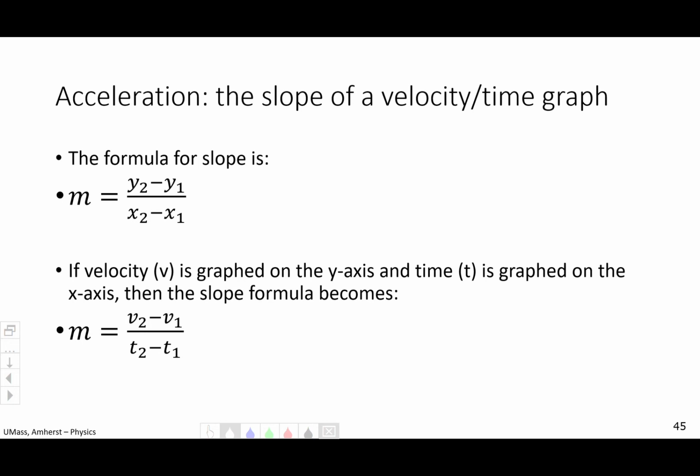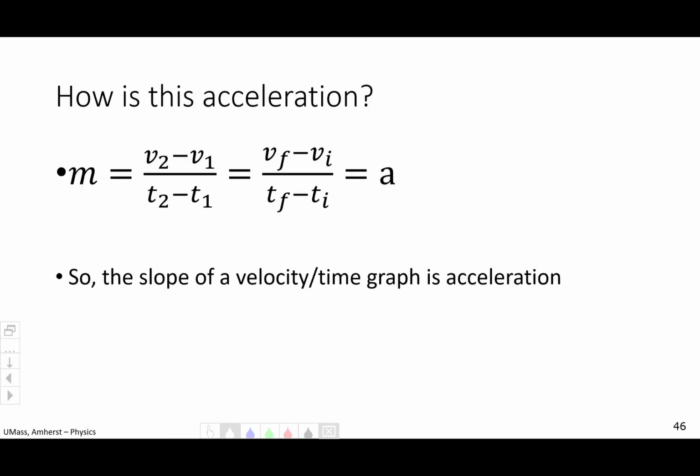The y-axis becomes velocity v, so the numerator becomes v2 minus v1, and the bottom is t2 minus t1. Same as last time, v2 minus v1 becomes vf minus vi, and t2 minus t1 becomes tf minus ti.